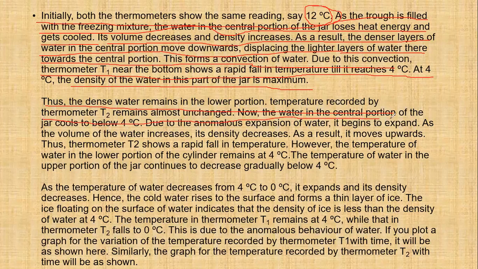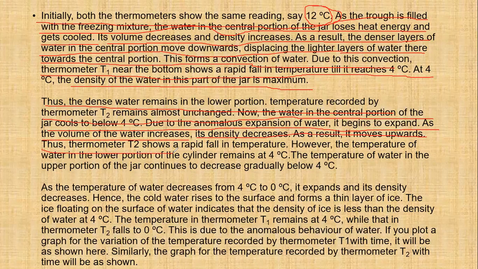Now the water in the central portion of the jar cools to below 4 degrees Celsius. Due to the anomalous expansion of water, it begins to expand as its volume increases. Its density decreases. As a result, it moves upward.